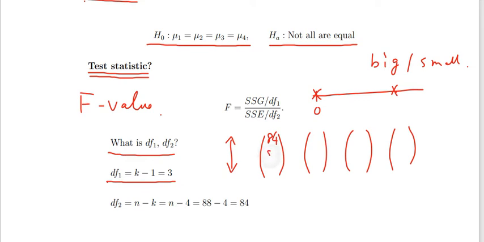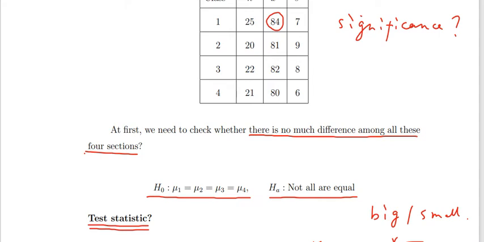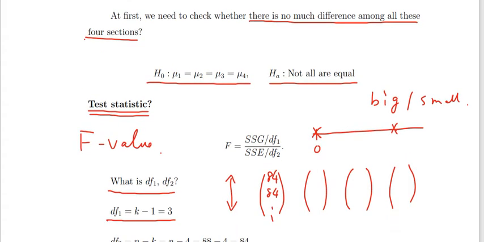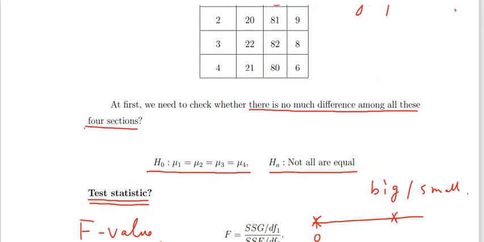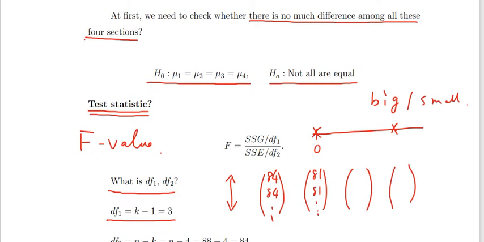This means those numbers are the same. We represent data by average. Class 1, each one's exam score is 84. Class 2, 81. Class 3 is 82. And here 80. So the data looks like that.